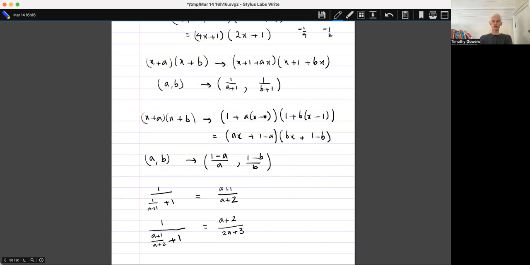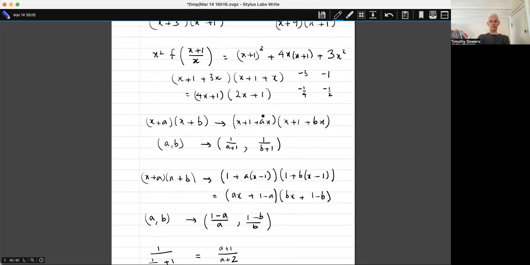So what can I do at this point? I just want to find an invariant. So what might the invariant be like? Let's try and again be systematic. I want something that doesn't change when I replace a number a by 1 over a plus 1. And that is a little bit mysterious. And it also doesn't change when I replace it by 1 minus 1 over a.